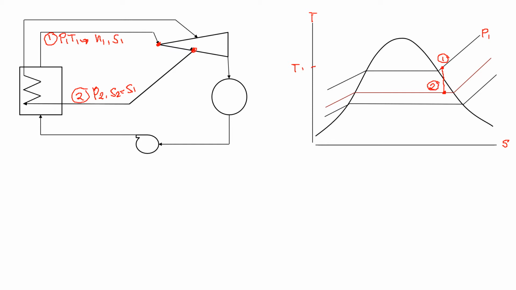Now, we can see in the diagram that as it goes farther downward, it may cause danger to the turbine because of the accumulation of liquid in the liquid-vapor mixture.